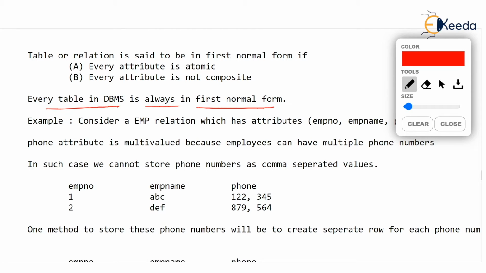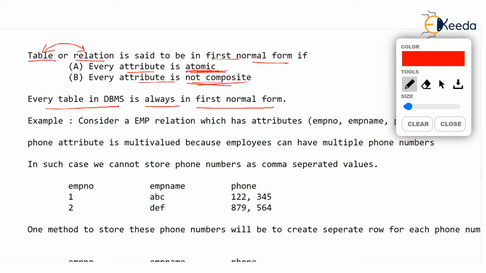Now, what is the first normal form? Table and relation are used interchangeably; both are the same. A table is said to be in first normal form if every attribute is atomic. That means every attribute should be single valued. It cannot be broken down further, so it cannot be composite. You know what I am talking about, isn't it?